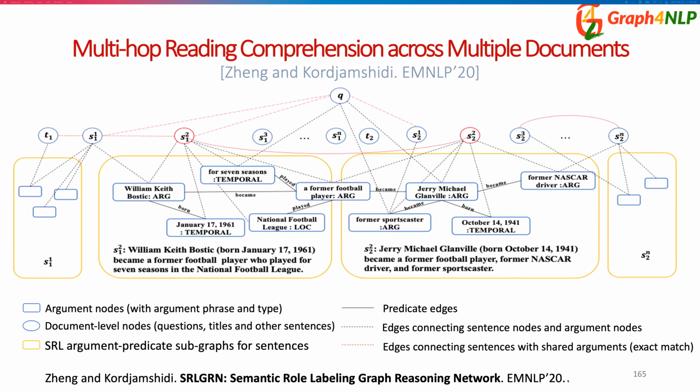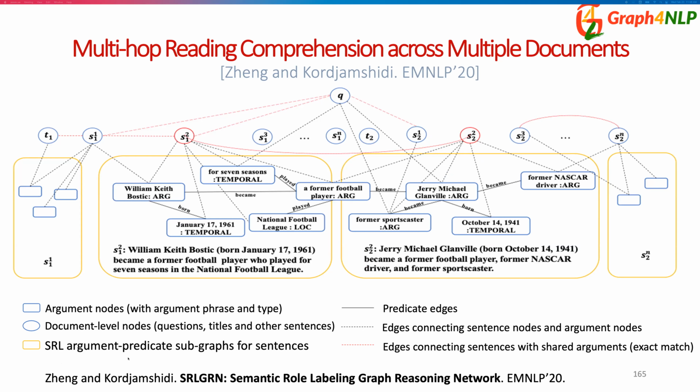Let me show you an example here. You can see this is how a heterogeneous SRL graph is constructed. We can see there is the argument node, right? We also have document-level nodes that include questions, titles, and other sentences. And then we have SRL arguments.